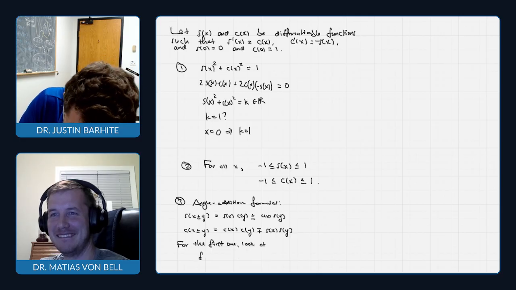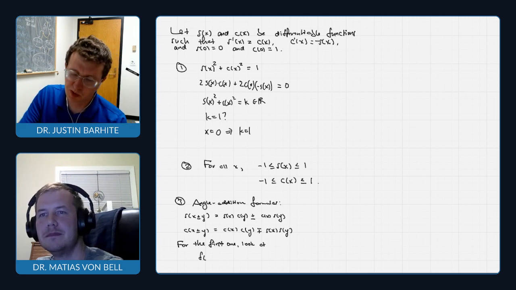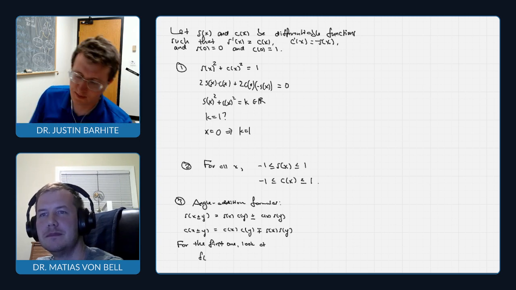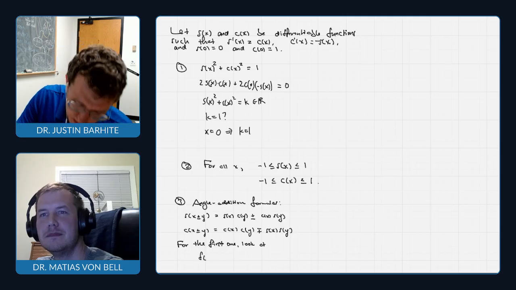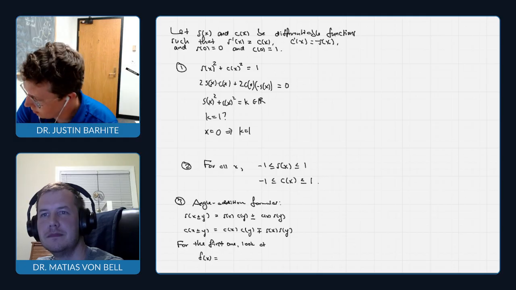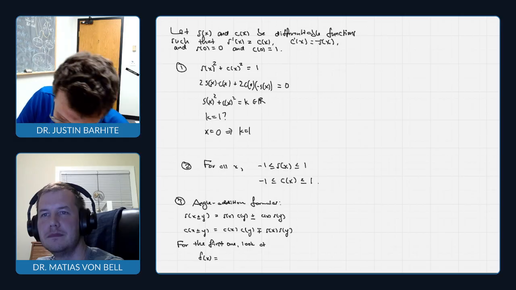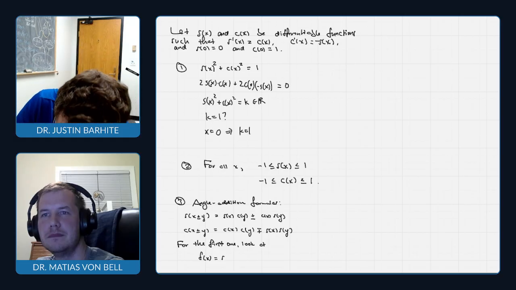So for the first one, and I mean specifically with the plus, what you do is you run the same sort of argument that we've run several times now, showing that a function is constant by proving that its derivative is zero. This one I did not come up with on my own. I found this on Stack Exchange.